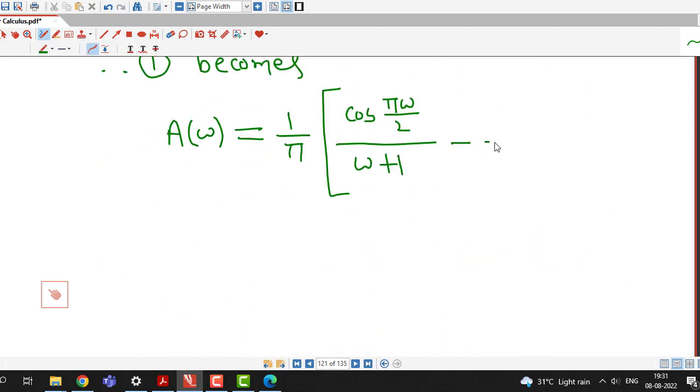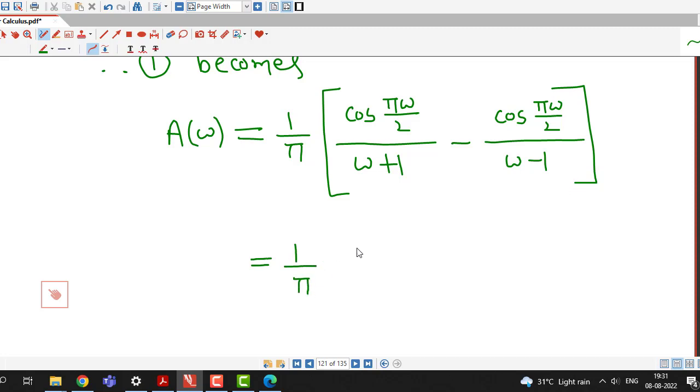So here I write a minus sign, I am writing it outside this term, divided by omega minus 1, and again we simplify this. We can take this cos pi omega by 2 common, I can write a bracket also, and here I can take the LCM directly, or I can write one more step.